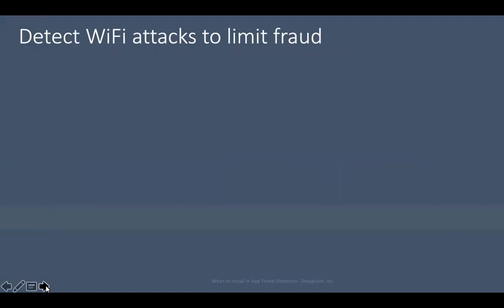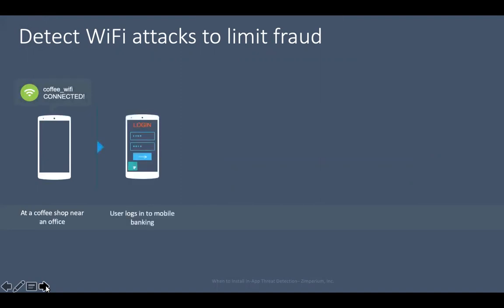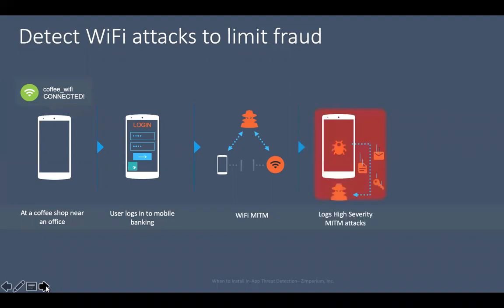Okay, so now we're going to detect Wi-Fi attacks. And so I don't want a Wi-Fi attack because I want to keep my money, right? So again, user logs into mobile banking and someone is sitting near me, can grab my traffic. This is pretty easy. Spend $100 on Amazon and you can get that done.